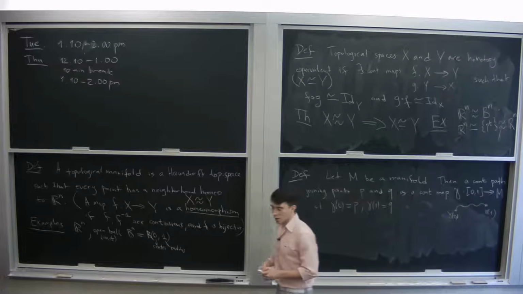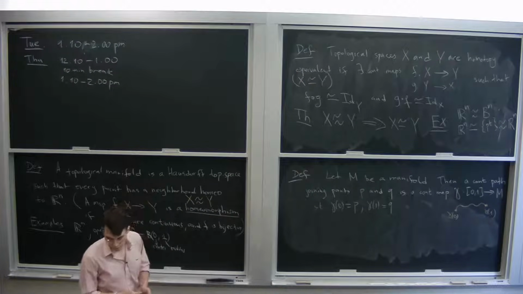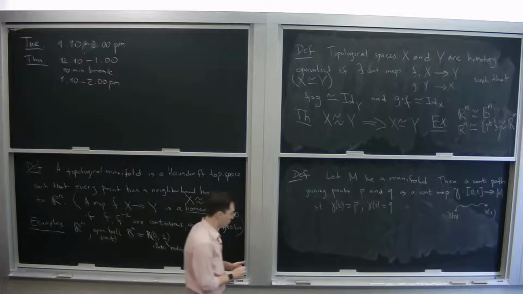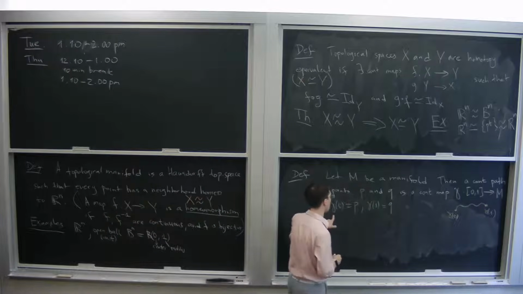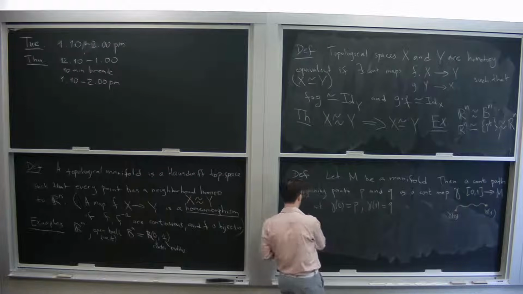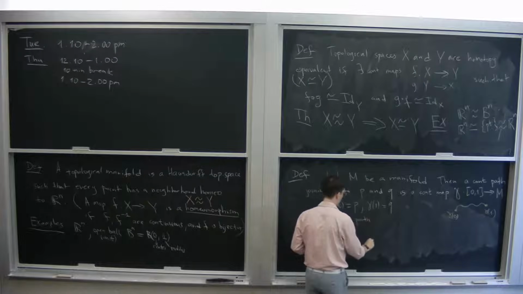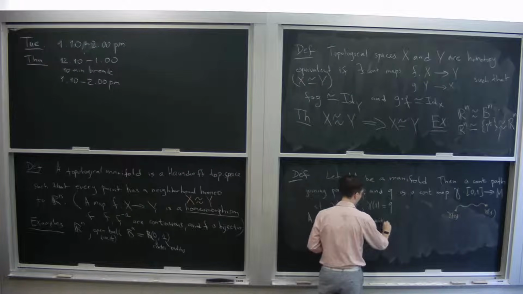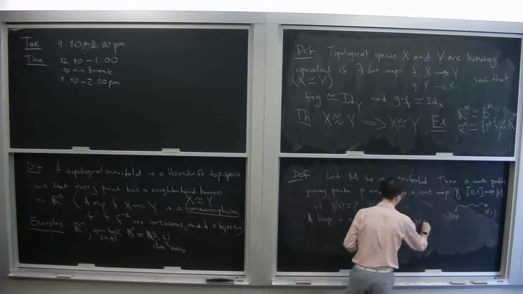Now a loop is just a path with the same starting and end points. So a loop is a path with gamma of 0 being equal to gamma of 1.